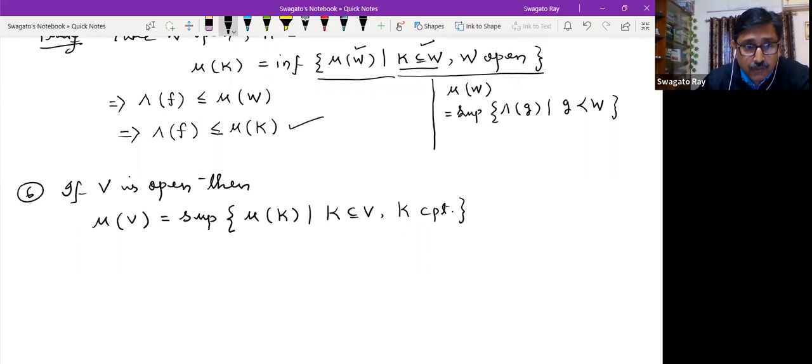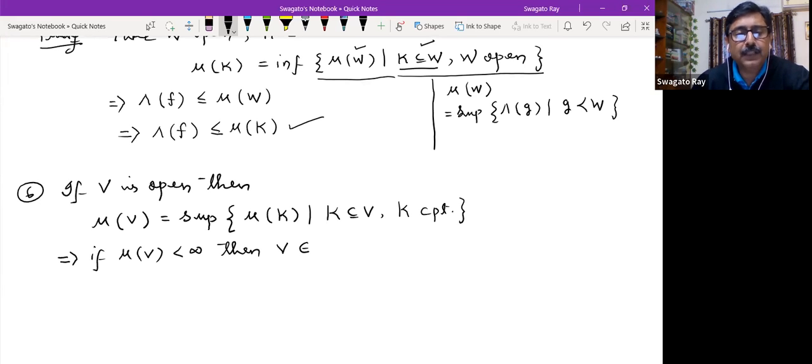However, this would then imply, if this is true, that if the measure of V is finite, then V belongs to a particular kind of set. Can you tell me which set we have defined so far? The measure of V is finite and the measure of V is the supremum of mu K, K in V, K compact. This collection of sets has a name.